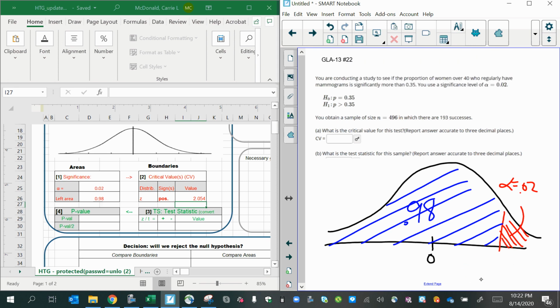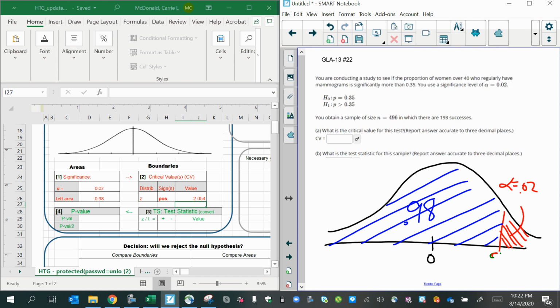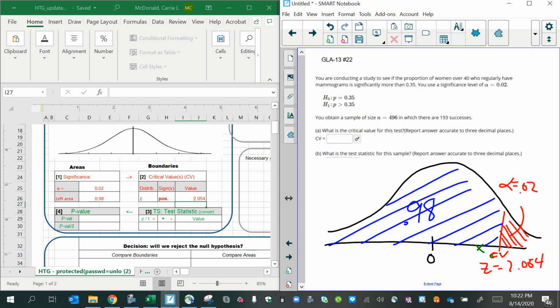If we can find that our test statistic is that extreme or even more extreme, then we will reject the null hypothesis. So we need a z-score that we can compare with this. Okay, so the test statistic, I'm going to use green to show it, and it's either going to fall outside of the rejection region or in the rejection region. And that's what we need to know.